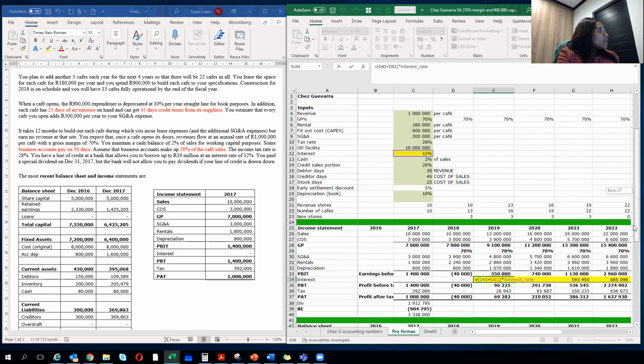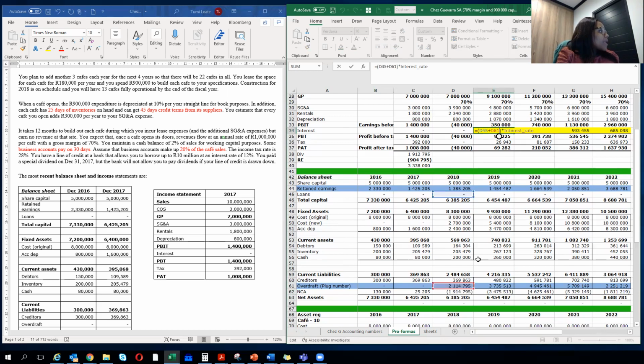And now you're pulling the 12% multiplied by that overdraft for the following year. So you'll notice I took out this overdraft at the end of the year, so the interest that I then need to pay is for the next year. Okay, my interest will be 12% of the previous year's overdraft. The following year, 12% of the previous year's overdraft.